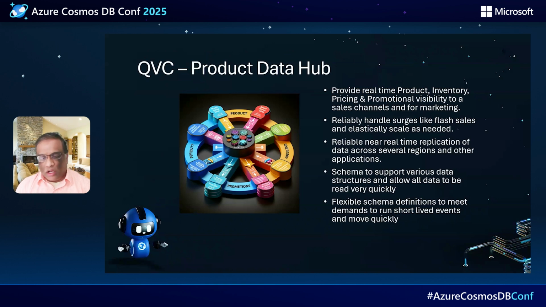So, as a retailer who sells our products, the product data becomes essentially our central data source that's needed for all of our operations.